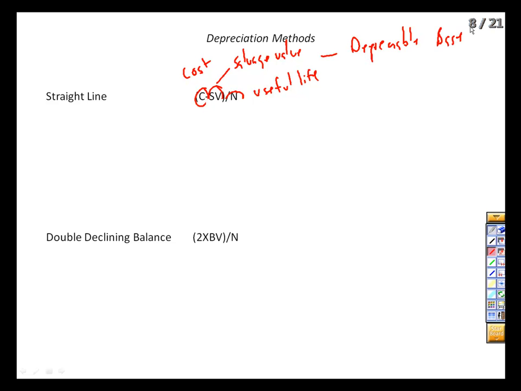And that's the total amount of depreciation that we're going to take over the life of this asset. We're not going to depreciate the asset for the full cost if we think that we're going to be able to recoup some of the cost at the end of the asset's life. And that's what salvage value is. At the end of the asset's life in X years, how much do I think I can sell this thing for?